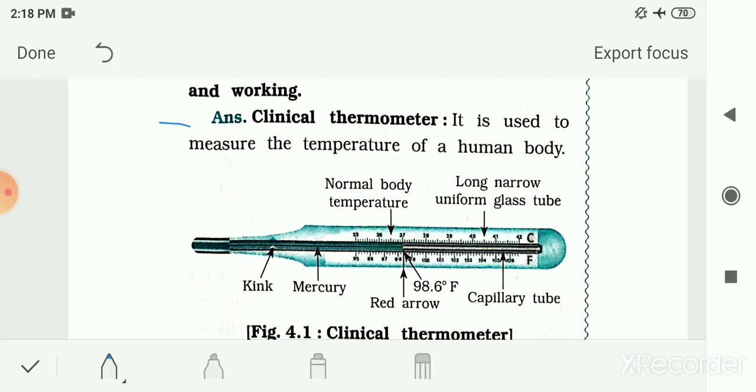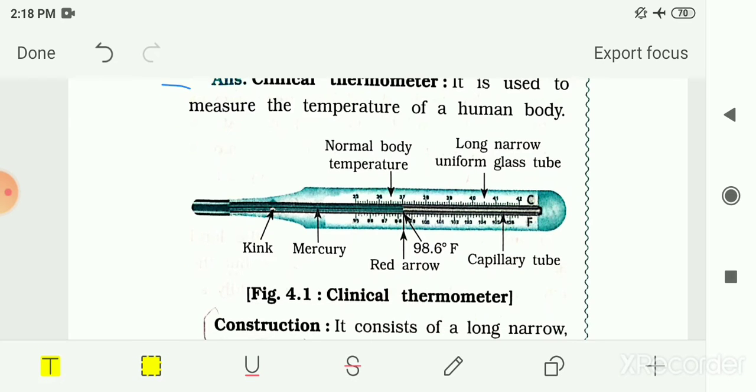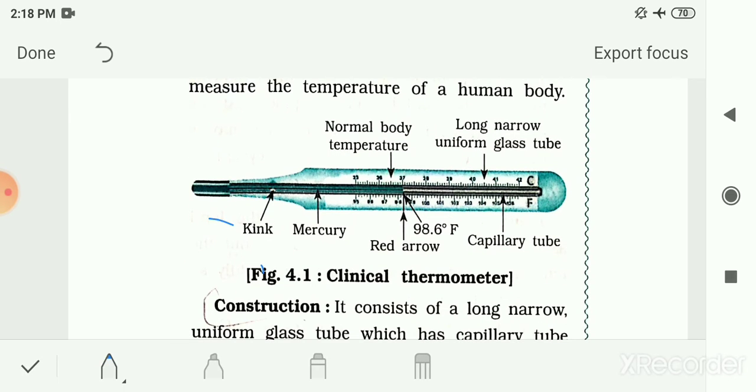And then next here the diagram of the thermometer is shown to you. As you can see in the diagram, there is a kink or constriction in this thermometer. In the capillary tube, here the capillary tube is shown to you, in which the mercury is there.